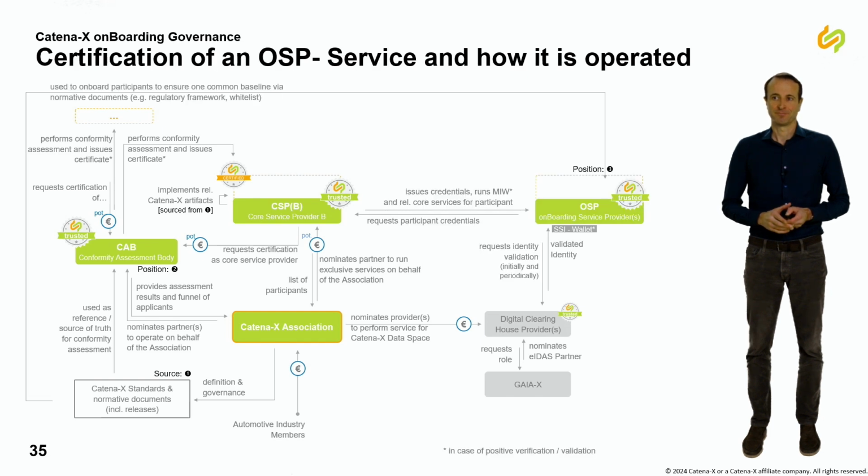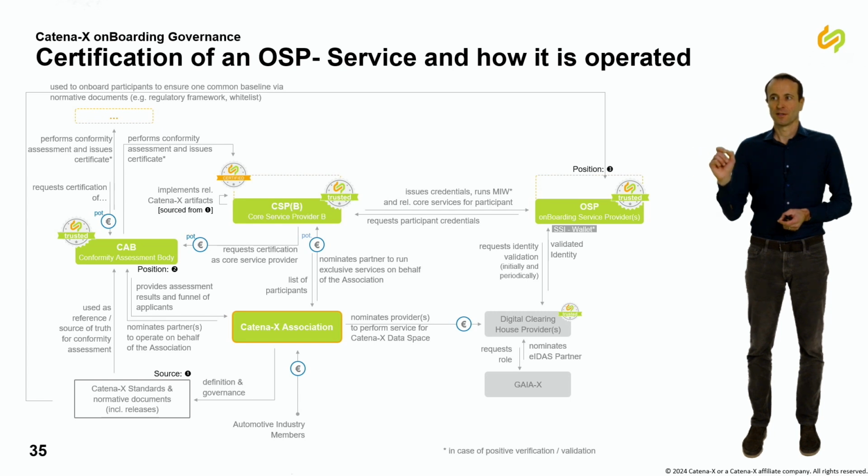Now, let's go to the OSP, because we said at the beginning, the OSP is also somebody we said, okay, it's trusted, the first one, but the question is, are they really certified? Before we get to that, hang on for 1 second.